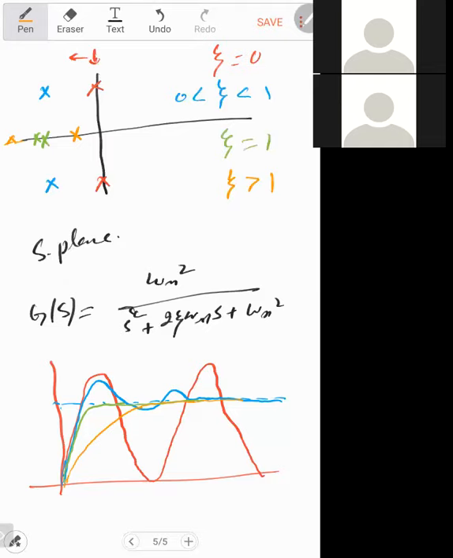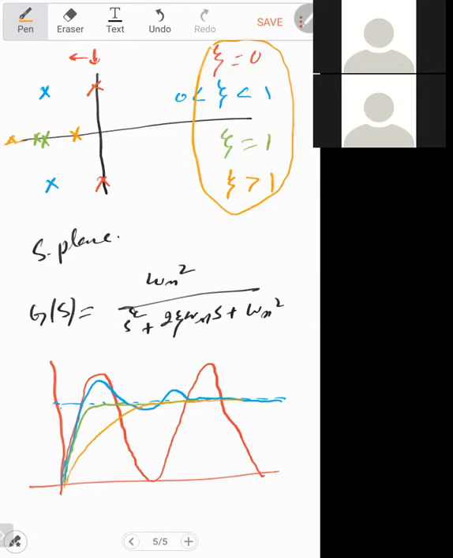So see that the location of the poles, and also the value of the zeta, completely describe the system, whether it is the undamped case, the underdamped case, the critically damped case, or the over damped case.